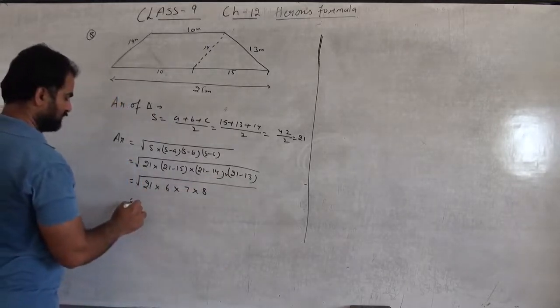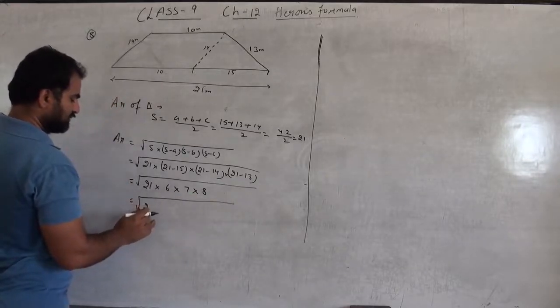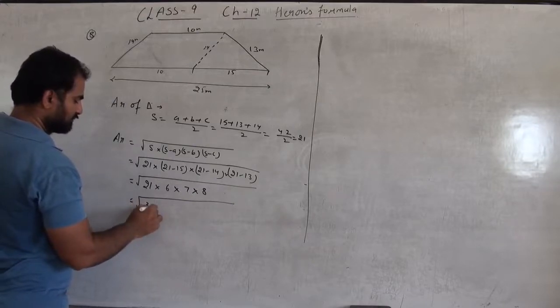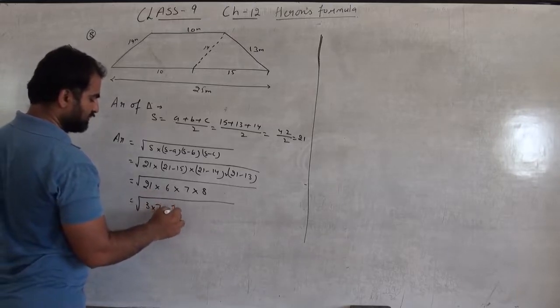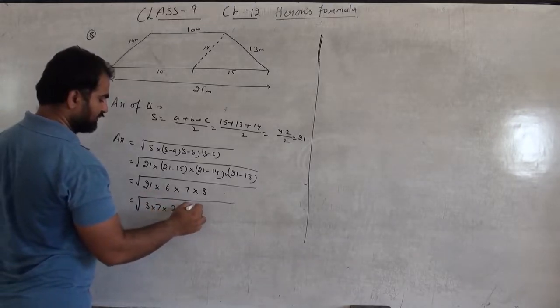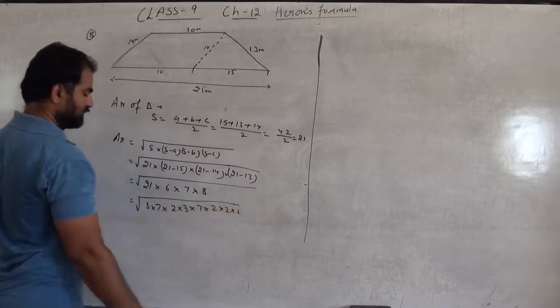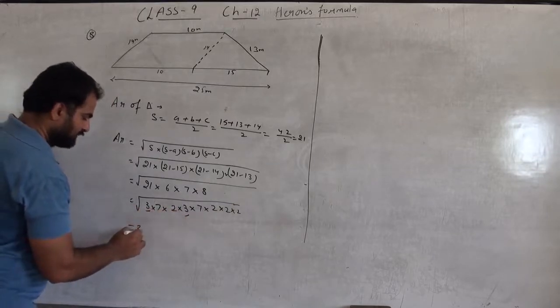So we can write 21 as 3 into 7, and 6 as 2 into 3, and 8 as 2 into 2 into 2. Now we have to make pairs. So we got a pair of 3, so it will be 3.